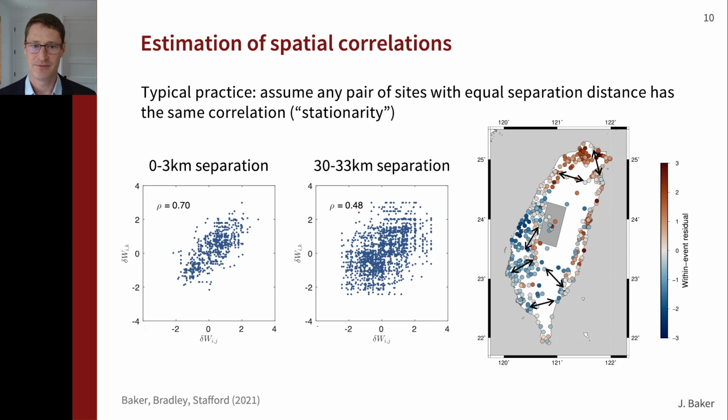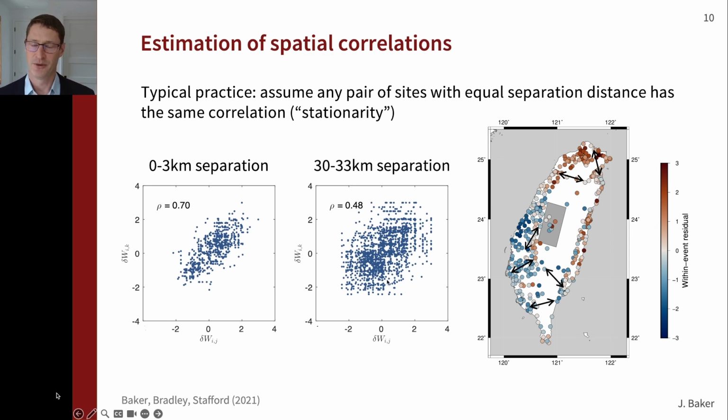So we get the scatter plot, and then we can estimate a correlation coefficient. And we see that these pairs of stations tend to be relatively highly correlated. So if one station has a positive residual, the other station is going to tend to have a positive residual, and similar for negative.